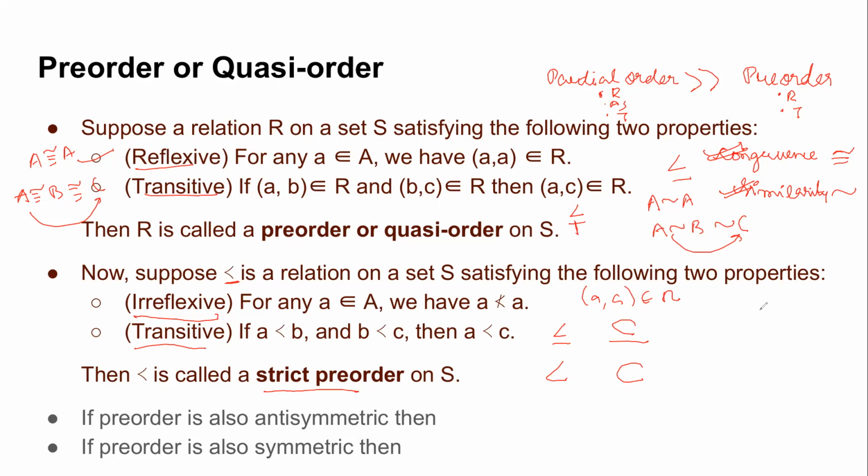Like we have less than or equal to, and strictly less than. So one is a pre-order, which is reflexive and transitive, and the strict version is where the identity pairs are not there, that is, it's irreflexive. Such pre-orders are known as strict pre-orders.